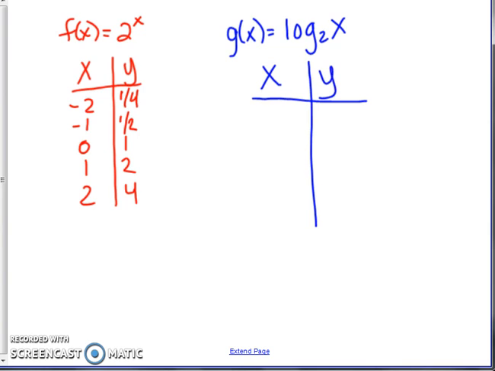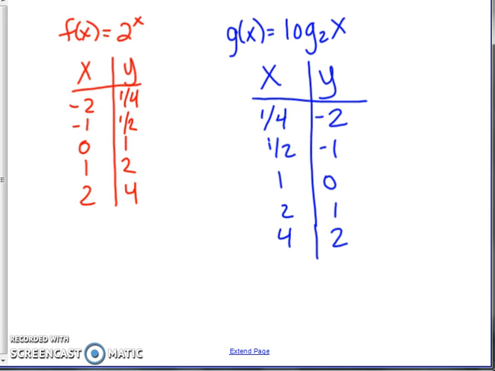So instead of my x being negative 2, my x is going to be 1/4. Instead of y being 1/4, y is negative 2. So all of my x's and y's are flipping. So now I have 1/2, negative 1, I have 1, 0, I have 2, 1, and I have 4, 2.